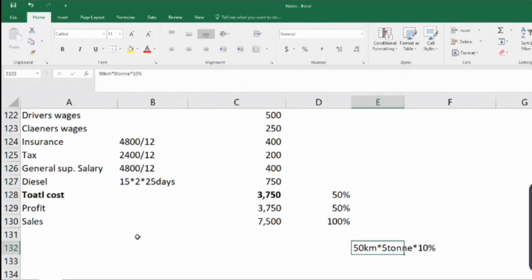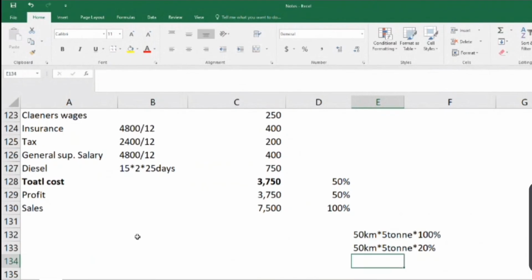But when you are coming back, 50 kilometers into 5 tons, only 20% is being occupied. This is being run for 25 days.